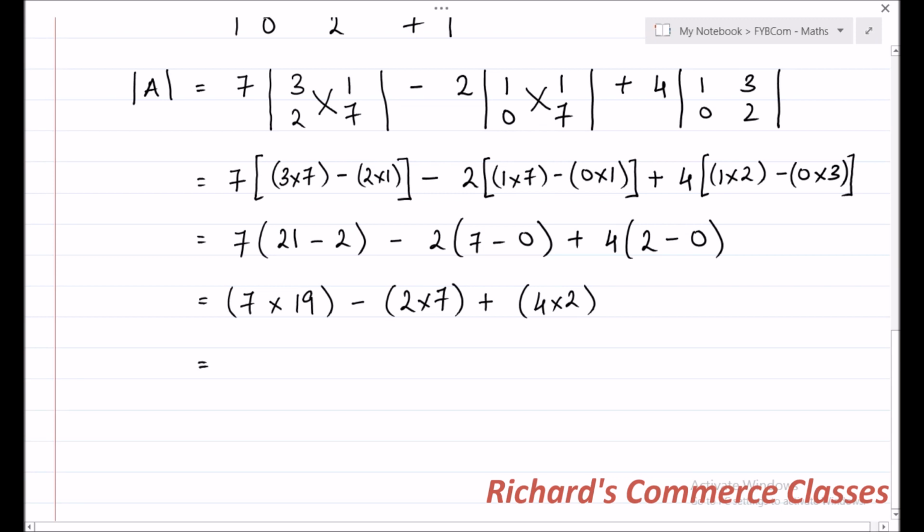This is equal to 7 into 19 is 133 minus 2 into 7 is 14 plus 4 into 2 is 8. And finally, if you solve this, 133 minus 14 plus 8 is equal to 127. This is the value of determinant A, 127.